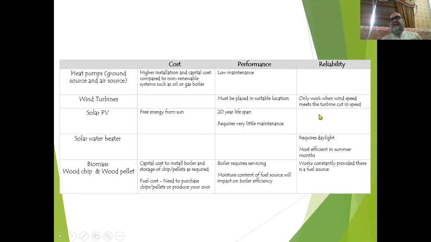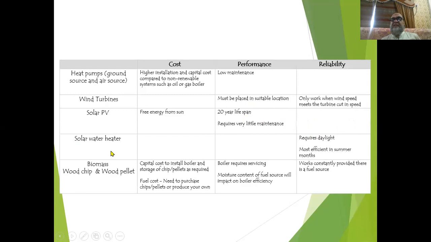Most of the time, since we are very new to this in Pakistan, there are success stories, but reliability is still something that has not been discussed in literature, and that's why we have left this as blank.